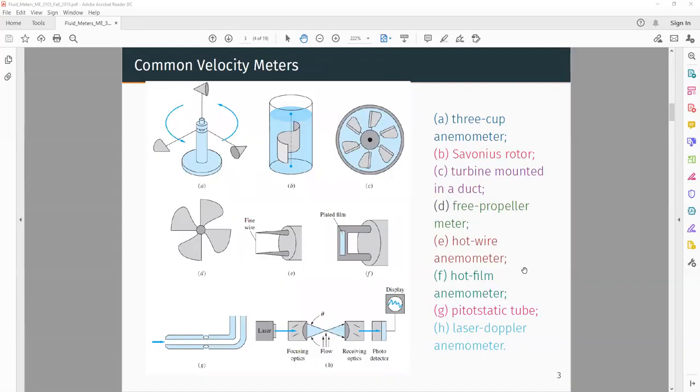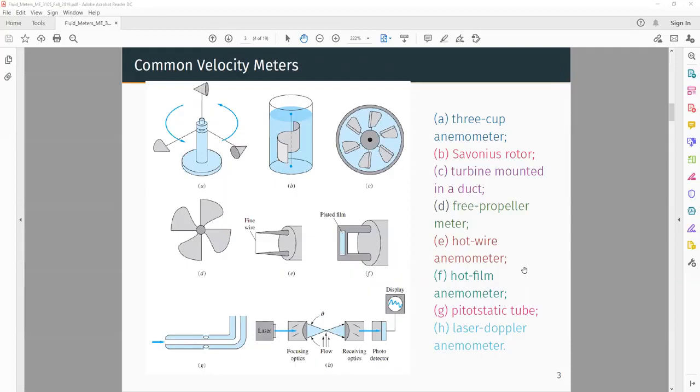Now these are some figures: the cup anemometer, the Savonius rotor, the free propeller meter, hot wire anemometers, hot film anemometers, the pitot static tube, and the laser Doppler anemometer.